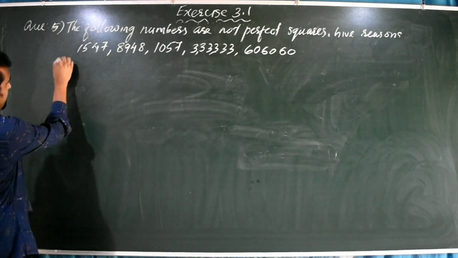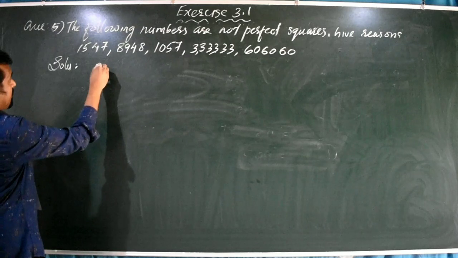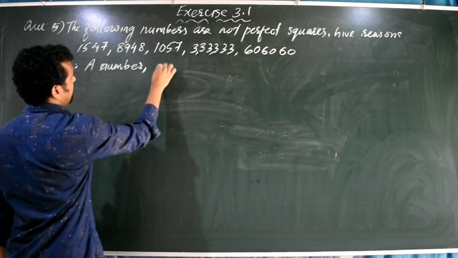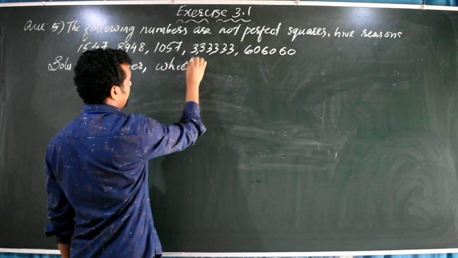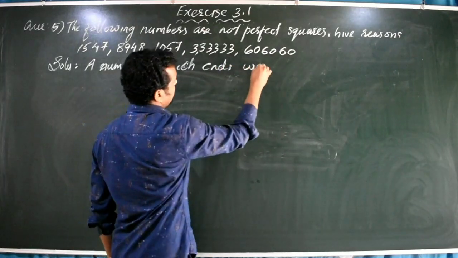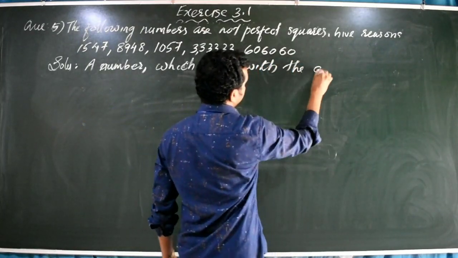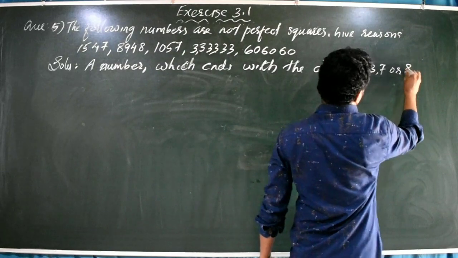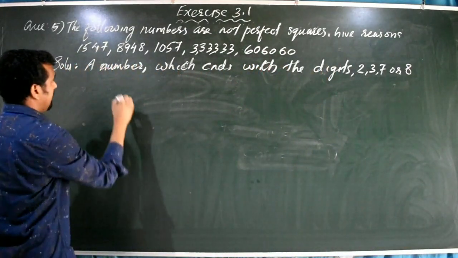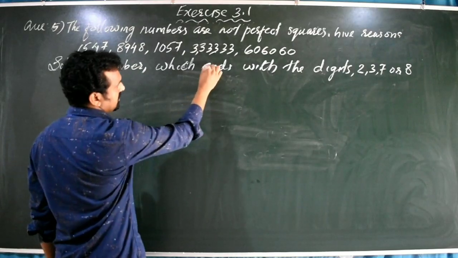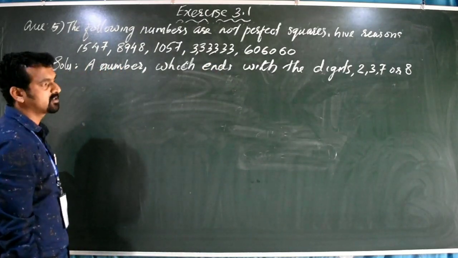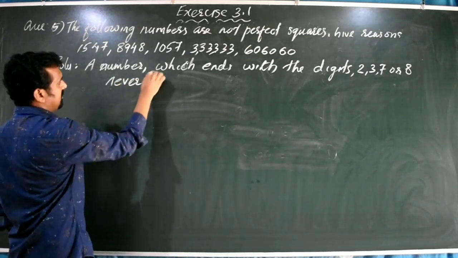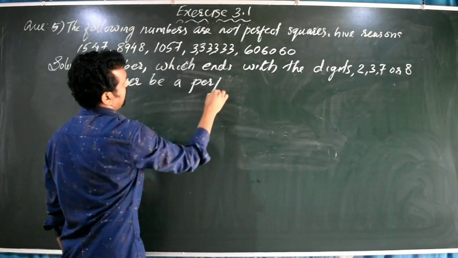We have studied a property: a number which ends with the digits 2, 3, 7 or 8 can never be a perfect square.